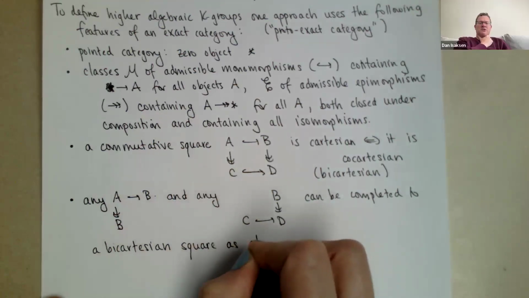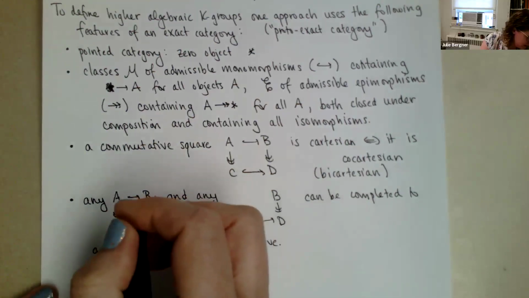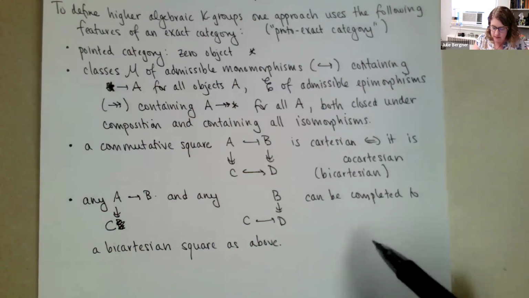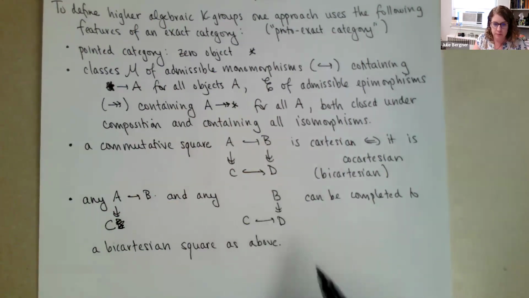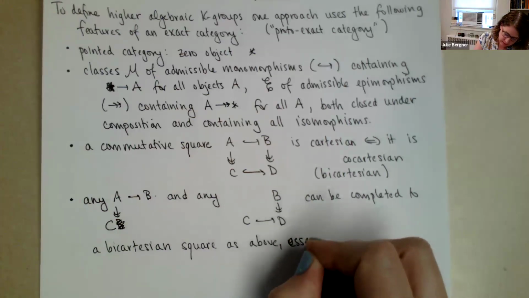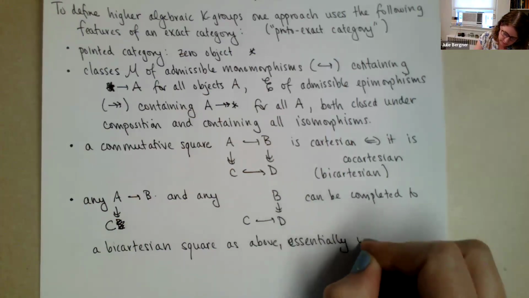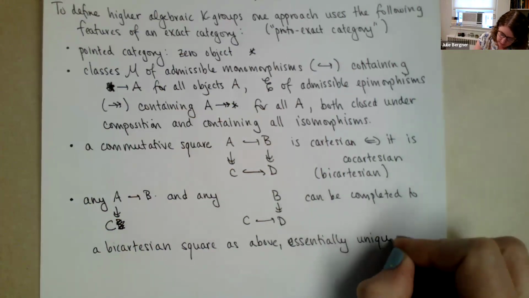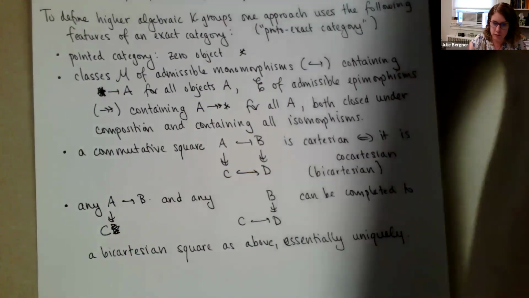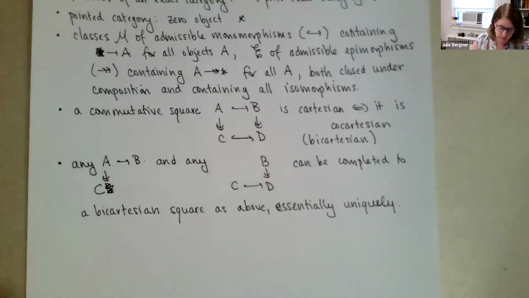Julie, one of those B's should be a C, correct? Oh, yes, thank you. That should be a C. They're all supposed to sit in the same place. And this is basically by taking a push out or a pullback, in some essentially unique way. Unique up to isomorphism. Not strictly unique, but the usual thing you would expect for push outs and pullbacks.